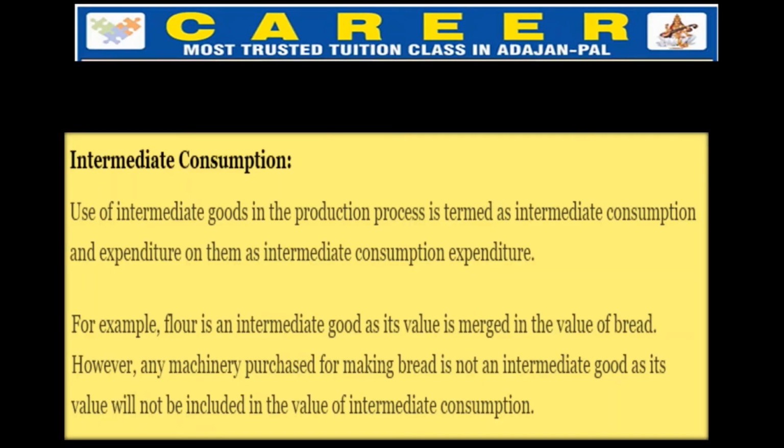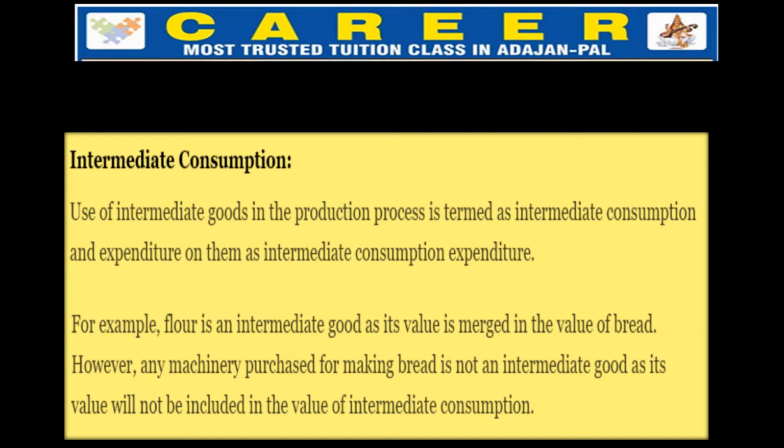Then you have to find the intermediate consumption. Now what is the intermediate consumption? That is the expenditure done to produce the final goods. For example, flour is an intermediate good for bread.